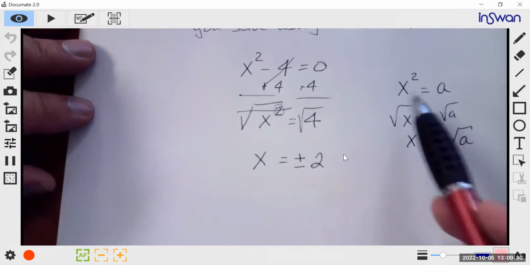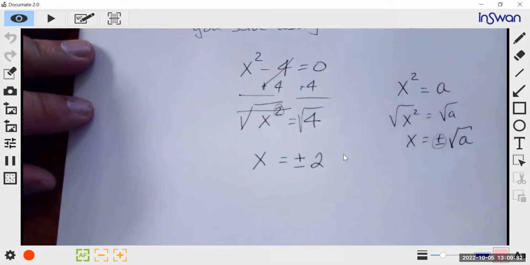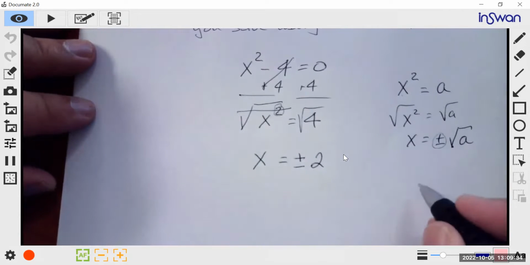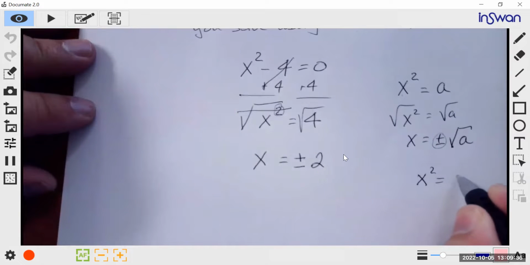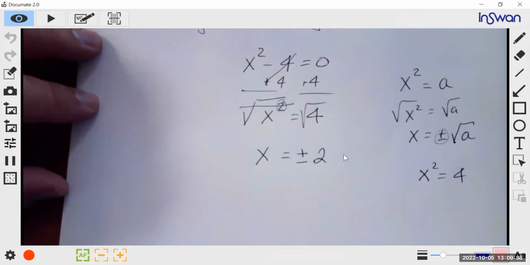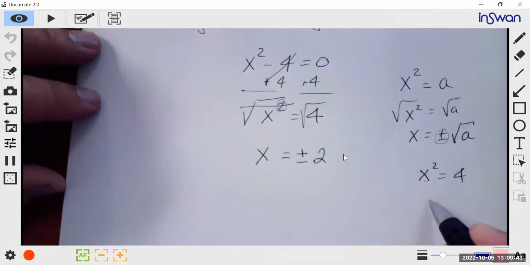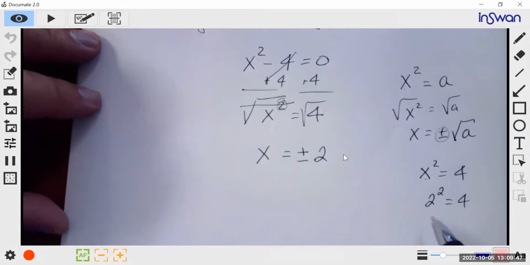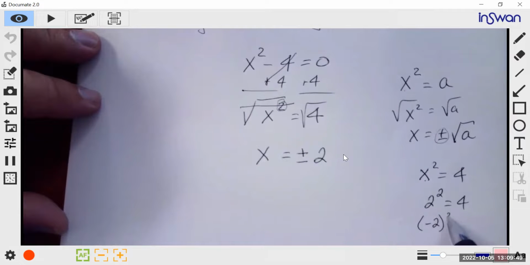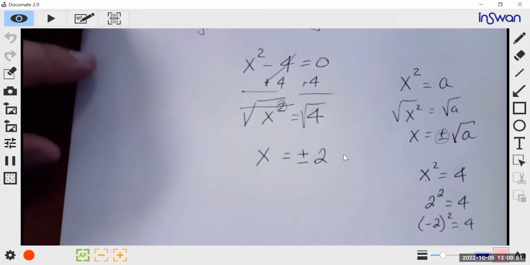It has to do with the original equation. Let's look at this. If x squared equals 4, what can x equal to make this true? I can have 2 squared, that equals 4. And then I can have negative 2 squared, that also equals positive 4.